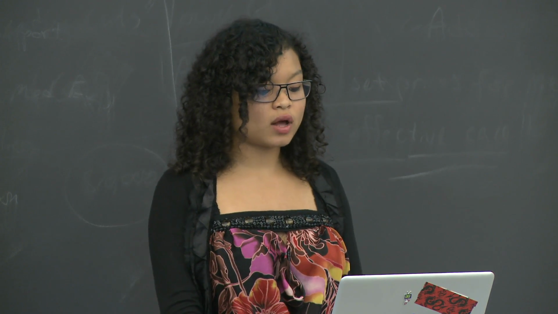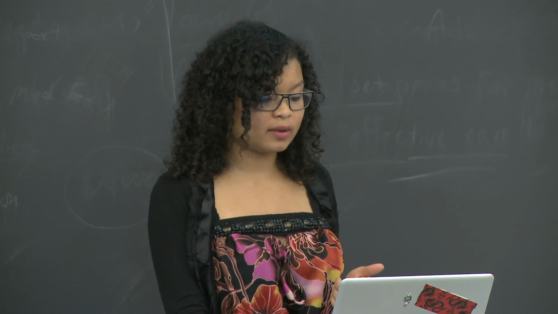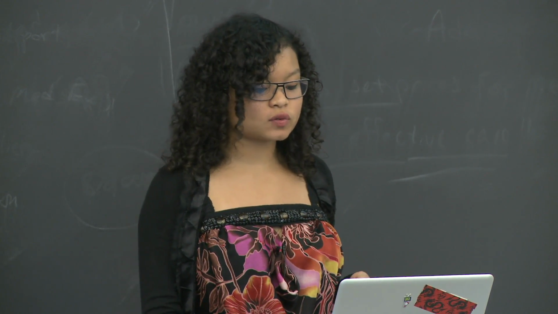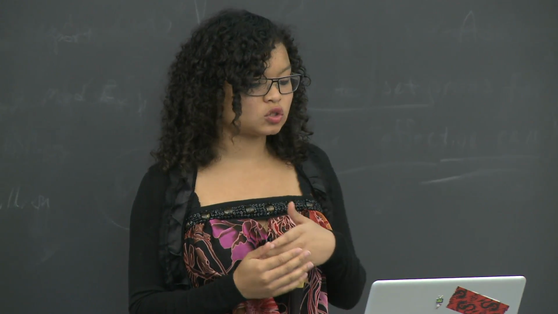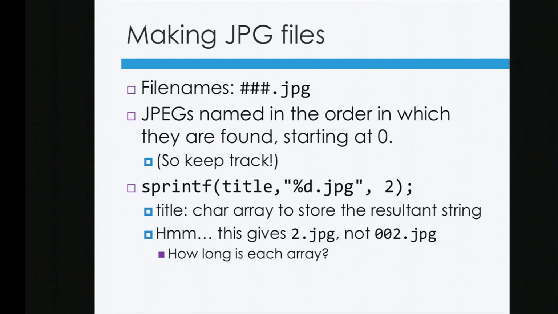All right. Now, the first argument into the sprintf function is actually a char array, which we previously knew as strings. Those are essentially a temporary storage to store the resultant string. You won't really be dealing with this, but you need to include it. So, knowing that every file name has the number, which takes up 3 characters, and then .jpg, how long should this array be?